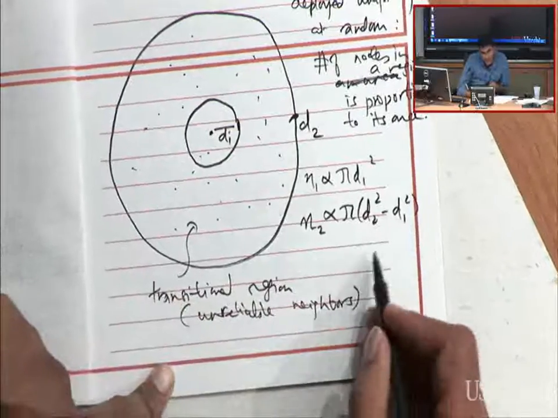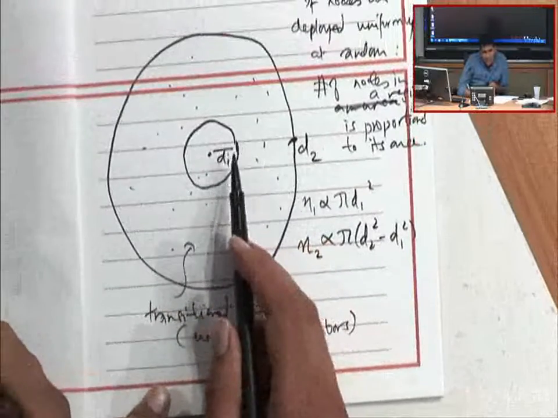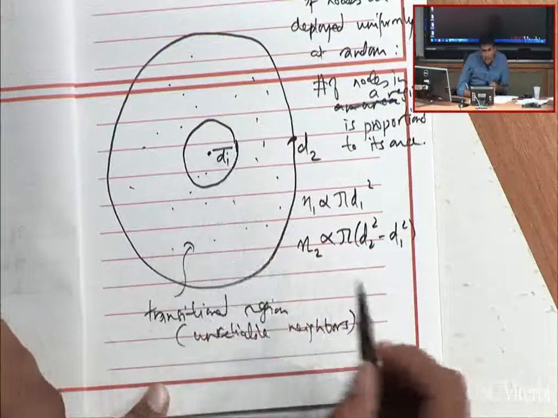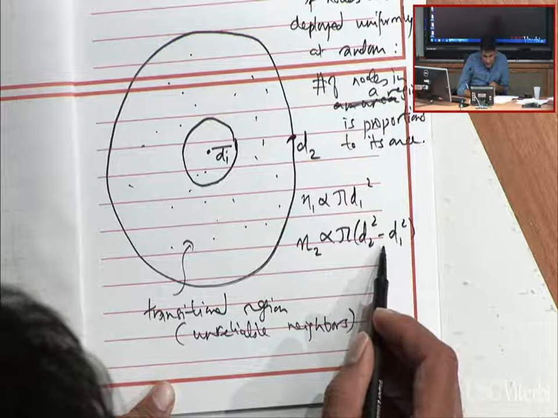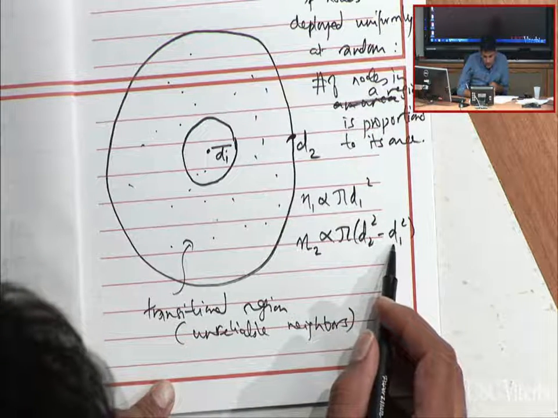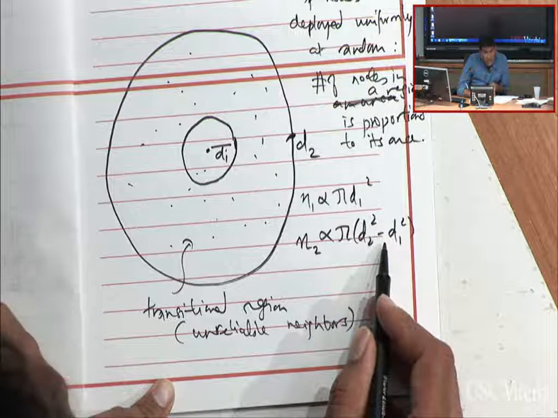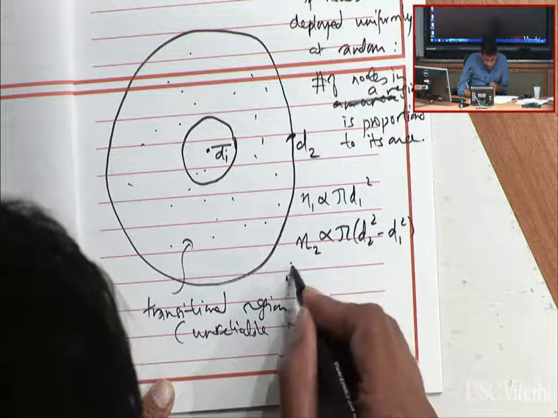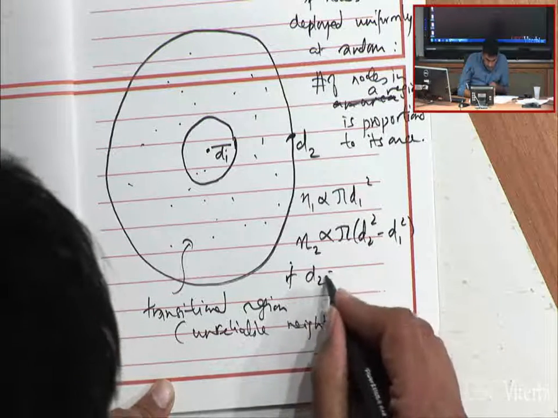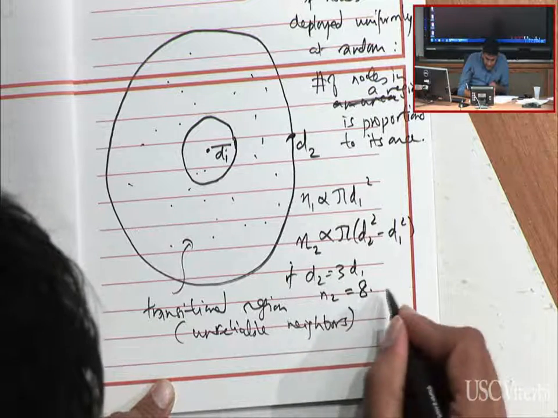And if I assume d2 is, as in this example, a factor of 3 of what d1 is, then this would be something like 3d1 squared minus d1 squared. So it's like 9 minus 1, 8 times d1 squared. So if d2 equals 3 times d1, N2 equals 8 times N1.